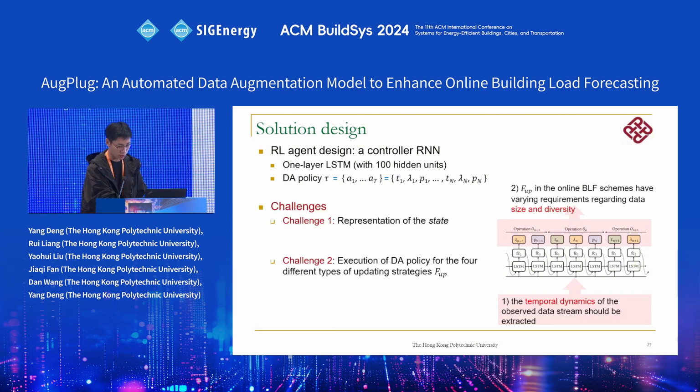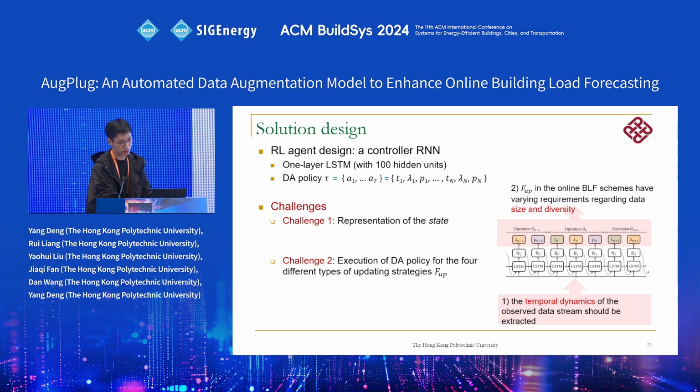Moreover, there are two unique challenges in this context. The first one is the representation of the state. Generally, the neural network would use a fully connected layer to encode the input for extracting the information. In our scenario, the temporal dynamics of the observed data stream should be extracted because they can provide insights into the characteristics of the future data.